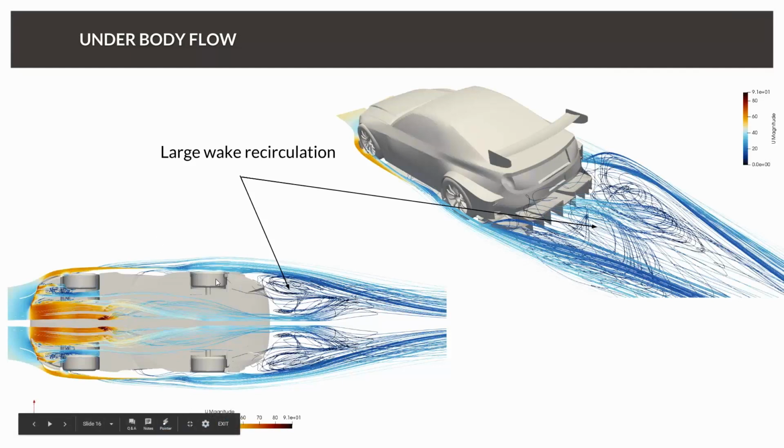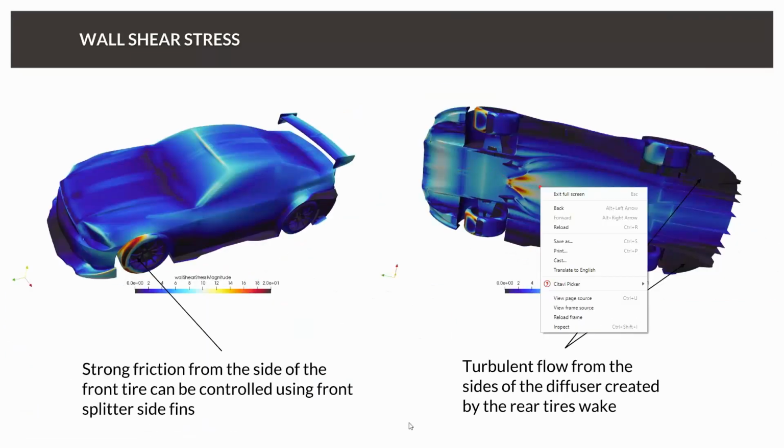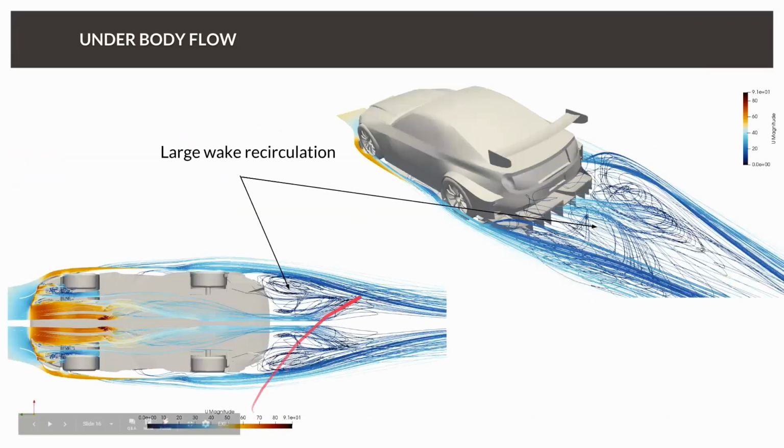Here we can also see exactly how the vortices that are created interact with the diffuser. Some vortices created in this area flow downstream and get accelerated by the diffuser, and we have some wake generated by the rear wings which is flowing over, let me see if I have a pointer, this part of the underfloor, and therefore creating this high wall shear stress there, which we want to reduce.